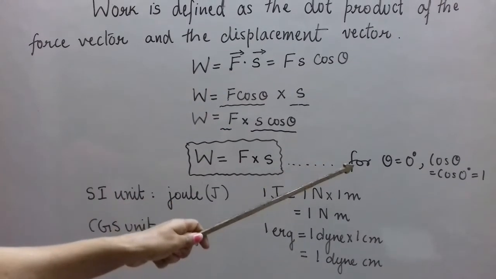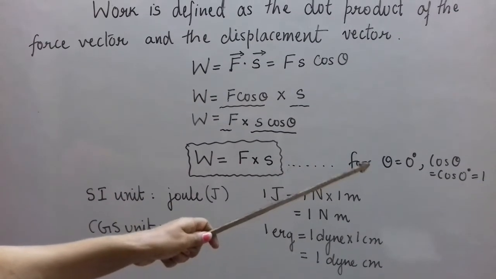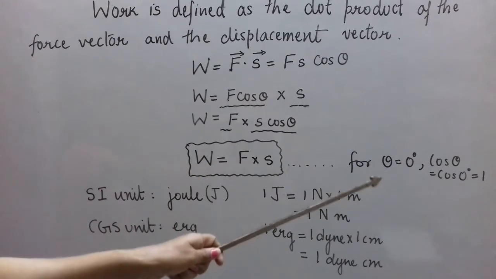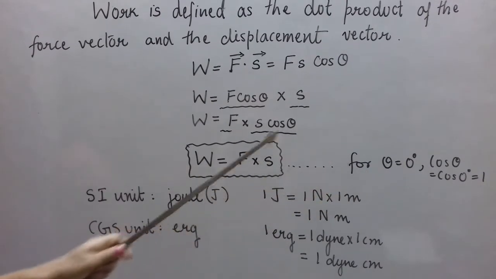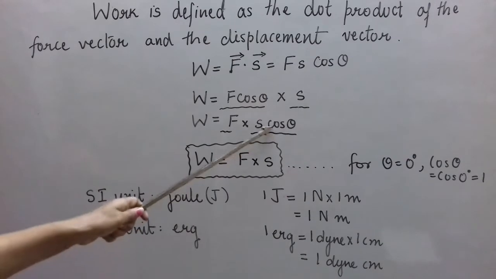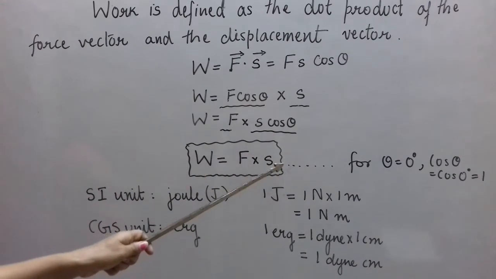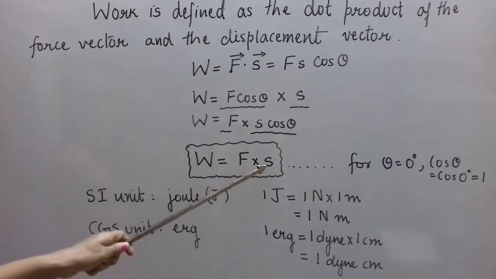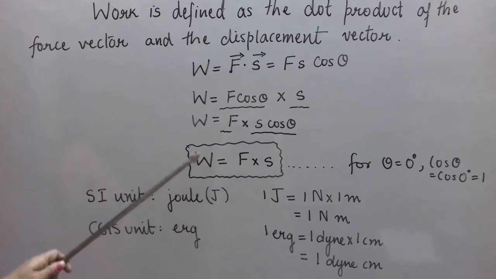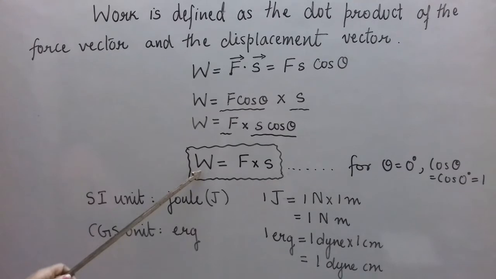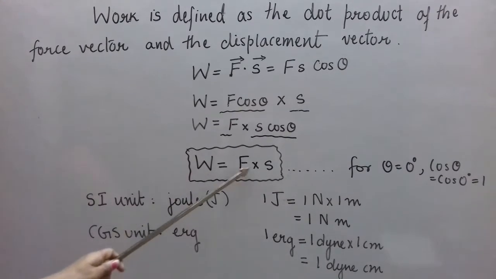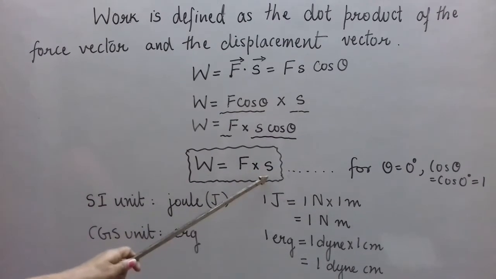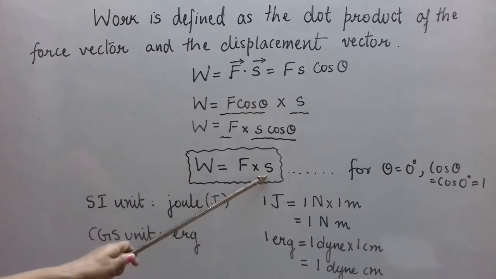For theta equal to 0 degrees, cos theta, which is cos 0, is equal to 1. So if the cos is missing here, it means it is 1, because F into S into 1 is equal to F into S. So this equation holds when force and displacement act along the same direction.